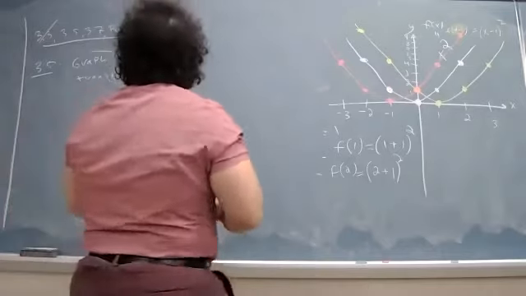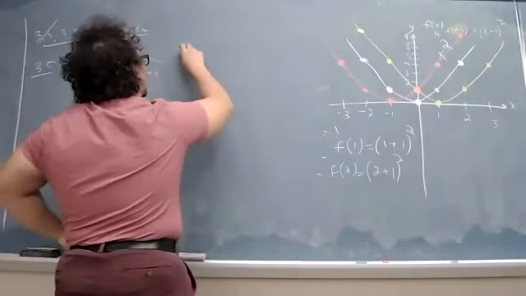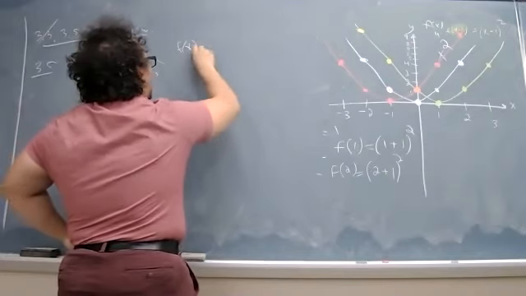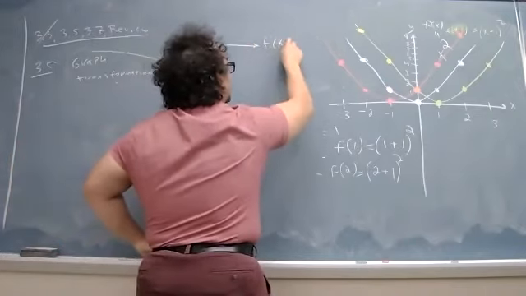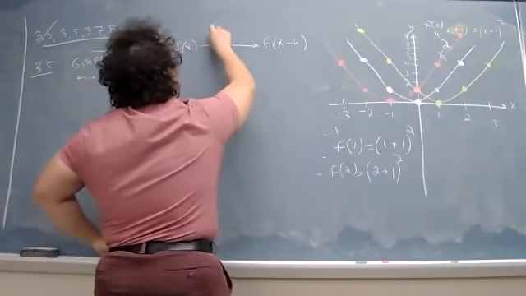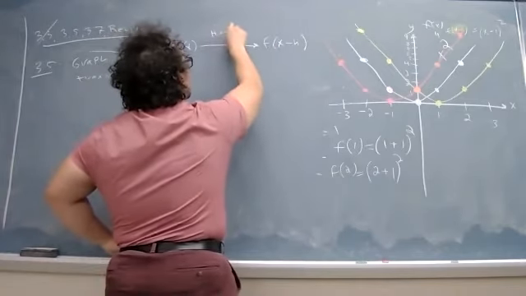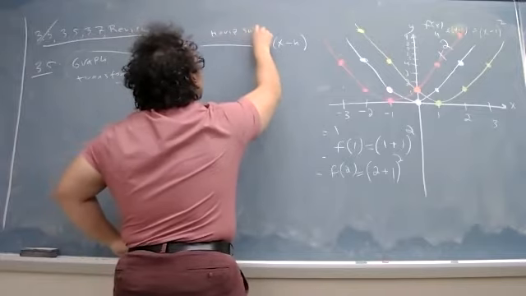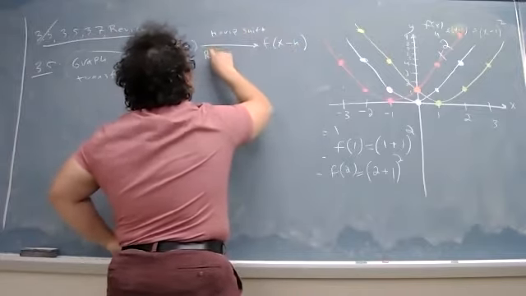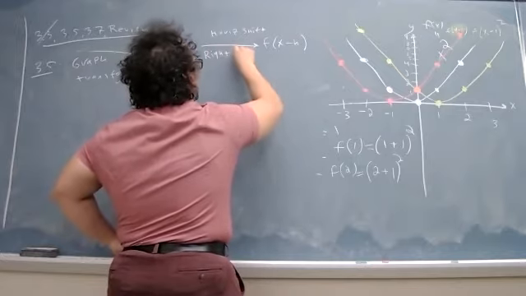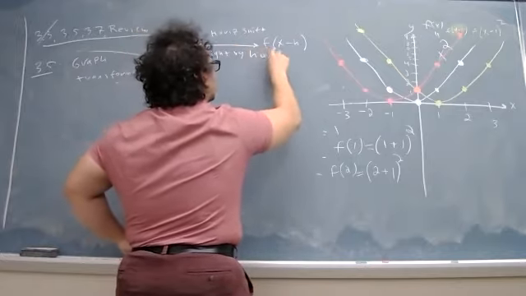All right. So in general, if we've got a function f of x, changing it to f of x minus h is a horizontal shift. Not to the left, though, but to the right, by h units.